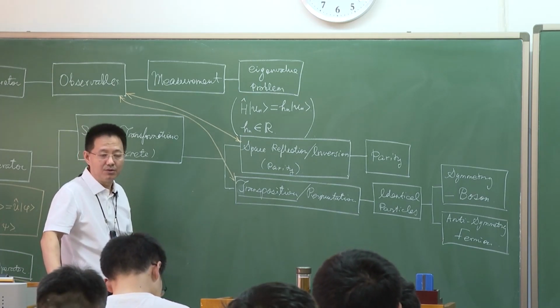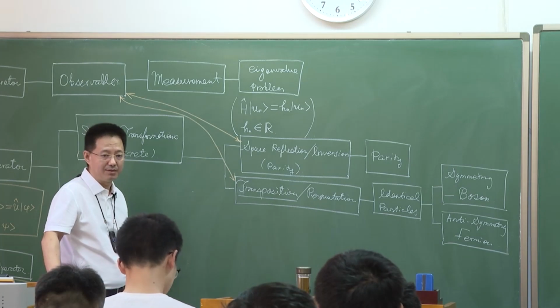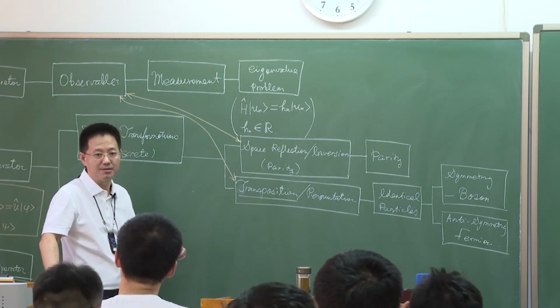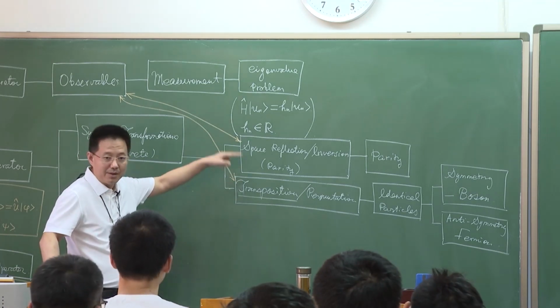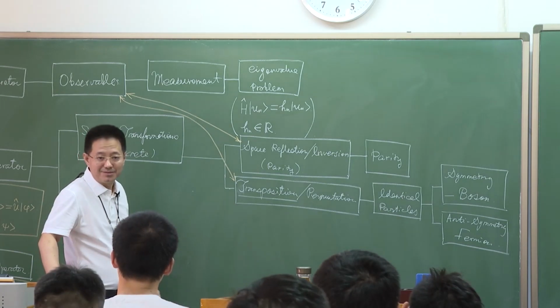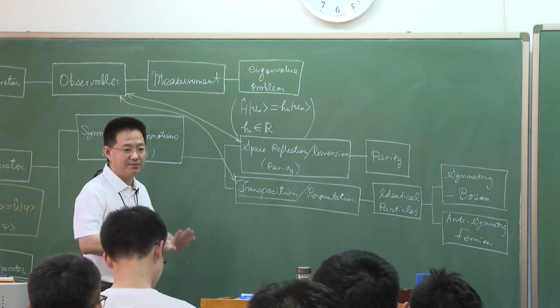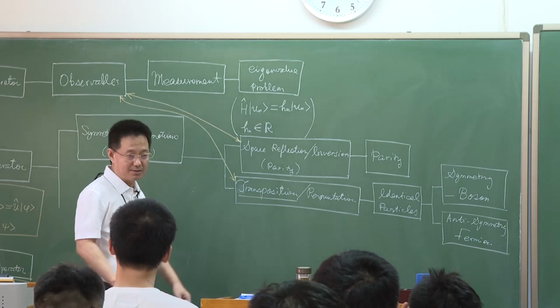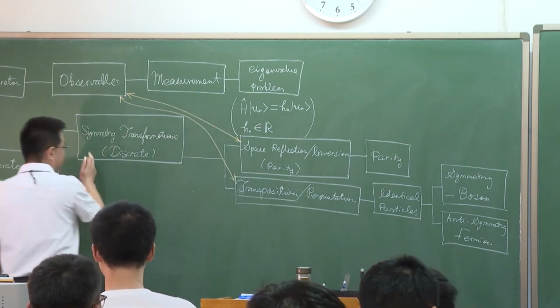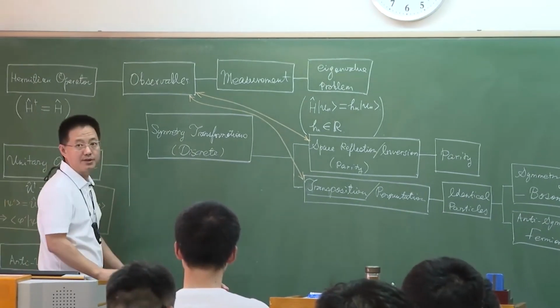Altogether we have 3 cases of both Hermitian and unitary operators: parity, transposition, and the Pauli operator. Altogether, we have 3 in quantum mechanics in this course. So this is the discrete case for the symmetry transformation.